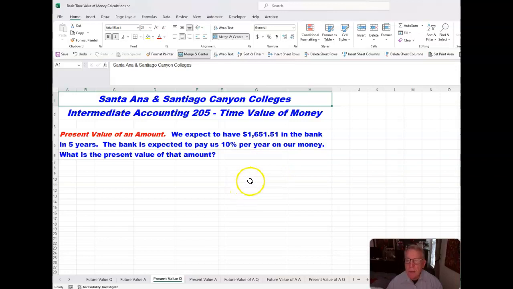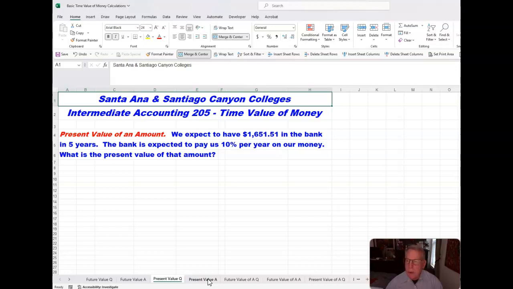The bank is expected to pay us 10% per year on our money. What is the present value of that amount? How much is it worth to me today to have a promise to pay that amount in the future? It's going to be less, obviously, because $1 today is worth more than $1 tomorrow.